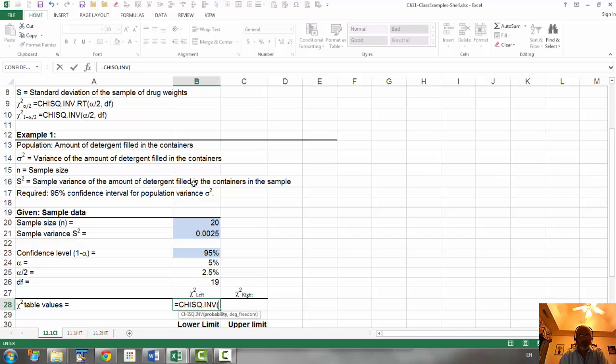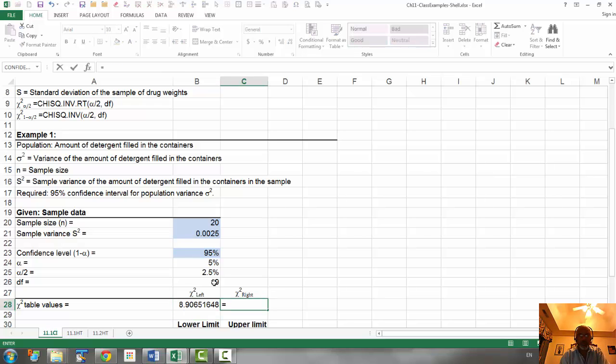For the left side, the probability is alpha over 2, so we can go B24 over 2. So CHISQ.INV with alpha over 2 and the degrees of freedom gives us the left side chi-squared value.